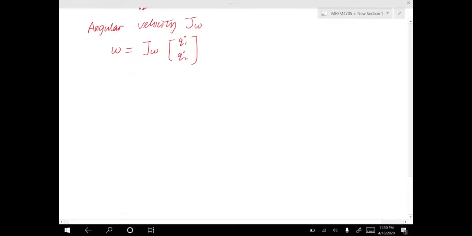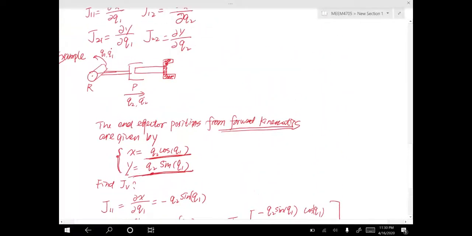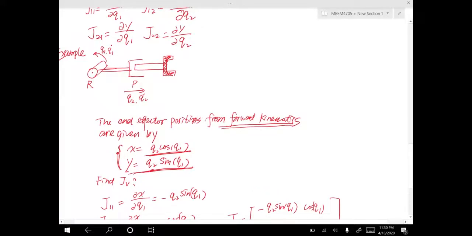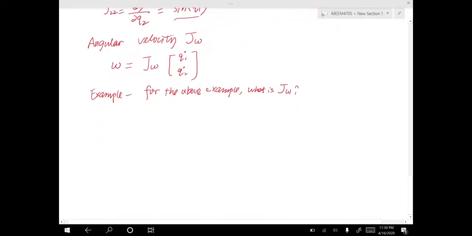So how about we go back to this question. For the above example, what is the angular velocity Jacobian?